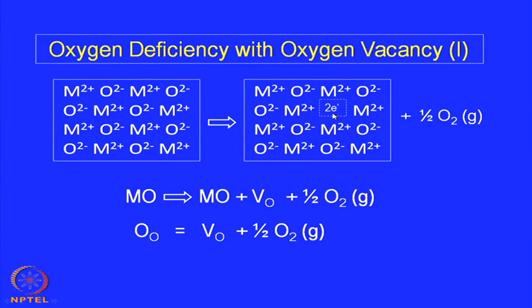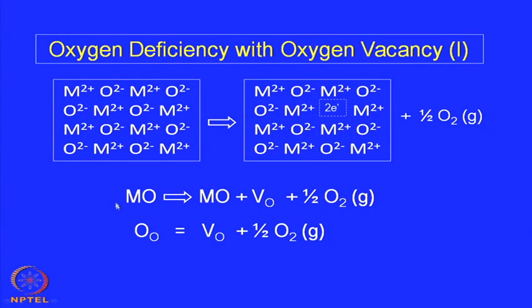So, a neutral defect has been created, and in fact an oxygen is coming out. This oxygen mass has come out in the form of an atom. It is an atom because it is coming out in the gas phase. So, we look at it as half O2. It is coming out as a molecule, but actually one atom of oxygen is coming out. So, we write it as half O2. That is a very common notation we use in defect equations.